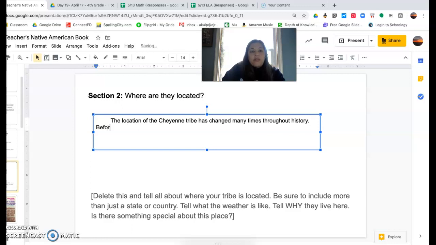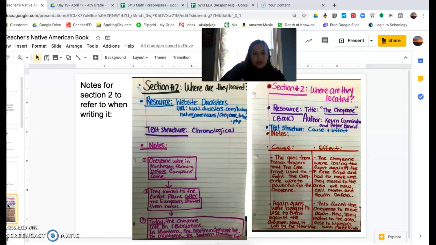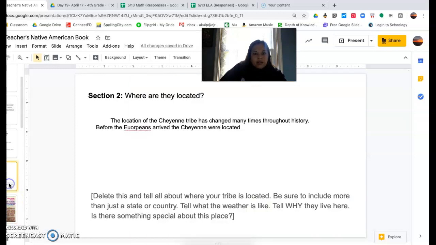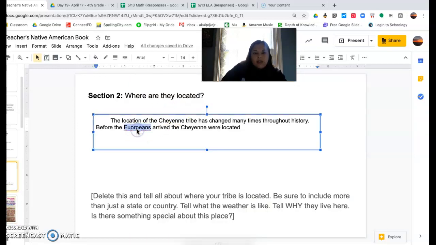To signal before, there's my transition word, before the Europeans arrived. I'll fix that in a second. The Cheyenne were located, and let me go back and check my notes. They were located in Minnesota, were farming in Minnesota, right? Yep, so I rewrote it in my own words.